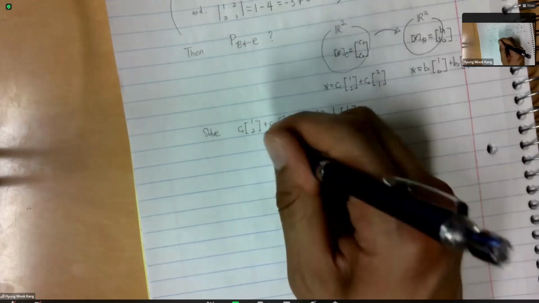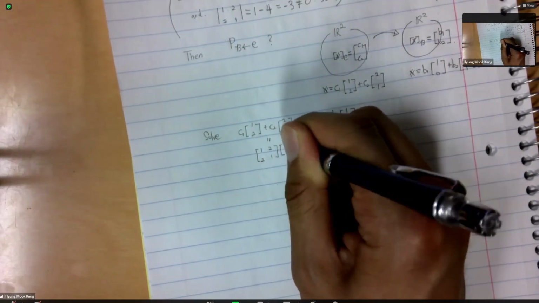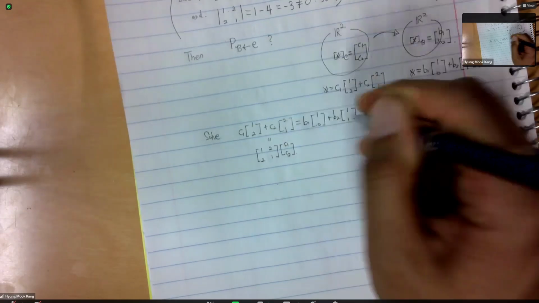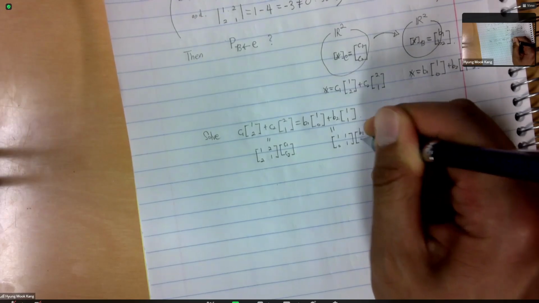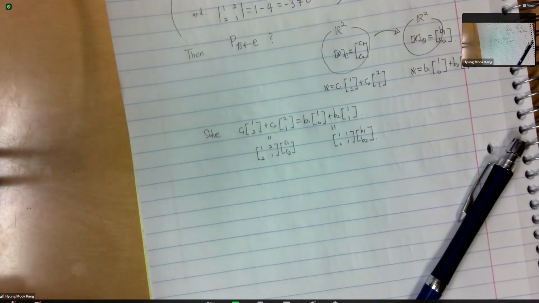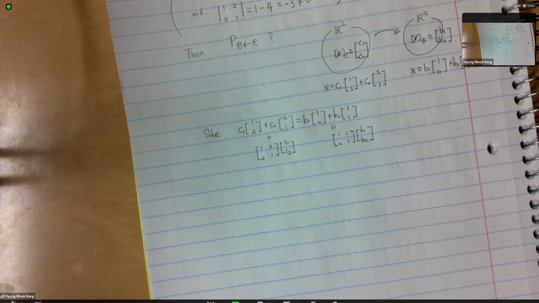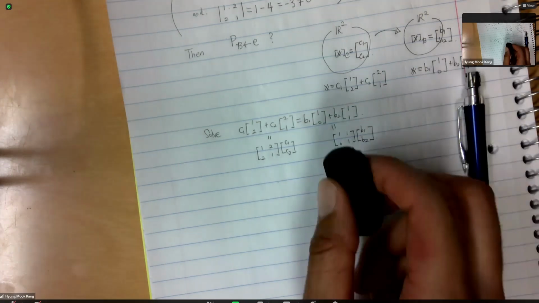Where the left hand side is the matrix 1, 2, 2, 1 times C1, C2. And this side can also be written as the matrix 1011 times B1, B2. But let's put it in this way instead.